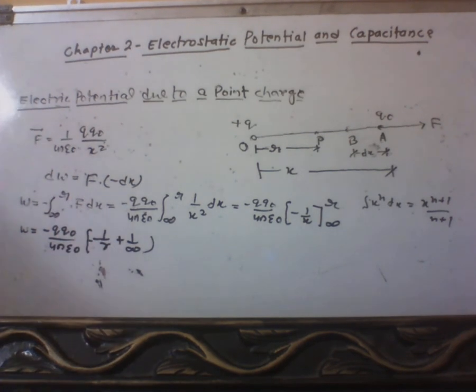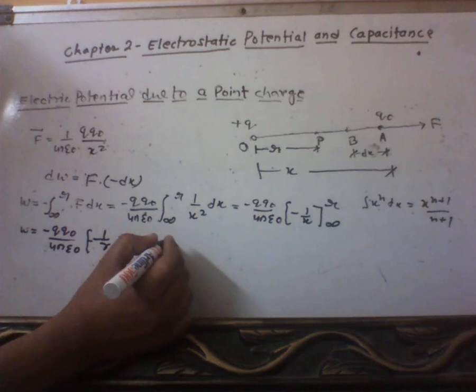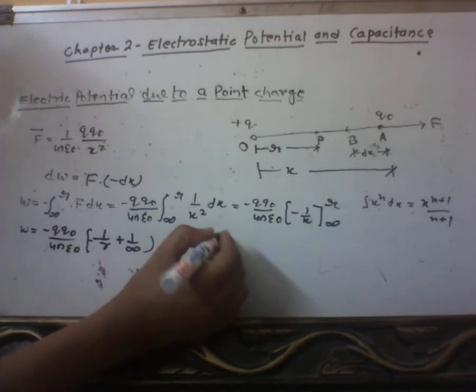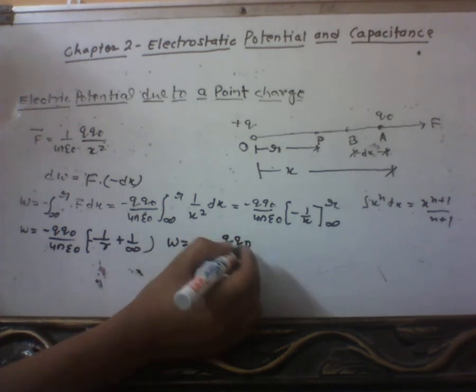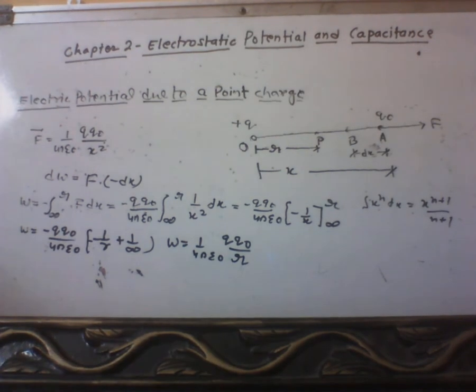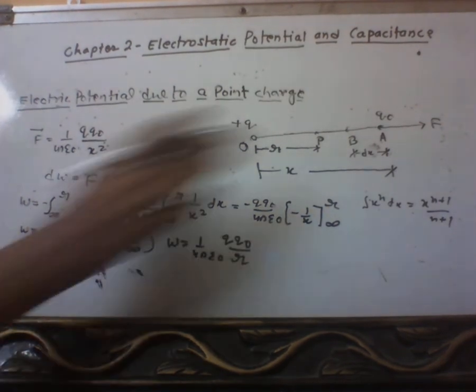On further solving, we get W as 1 upon 4 pi epsilon naught Q Q naught upon r. So this is the work done in carrying that test charge from infinity to a point P.